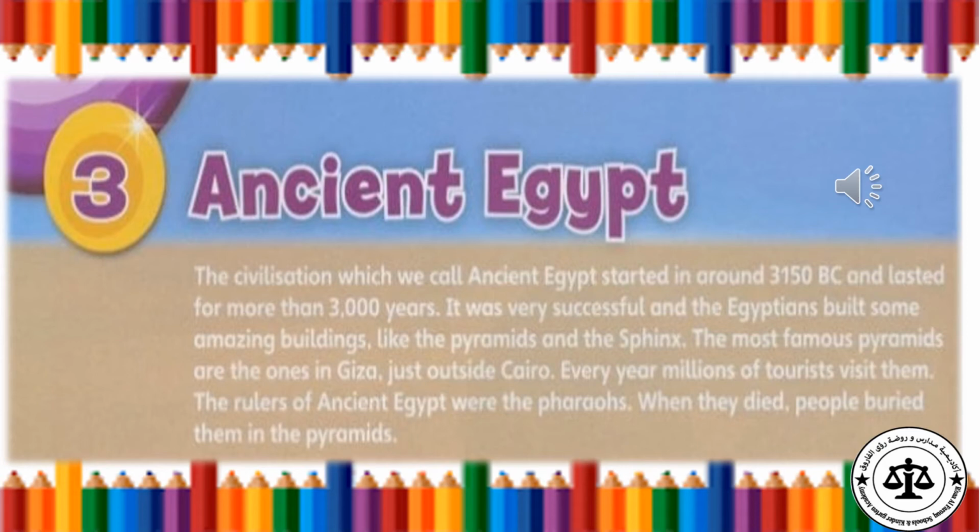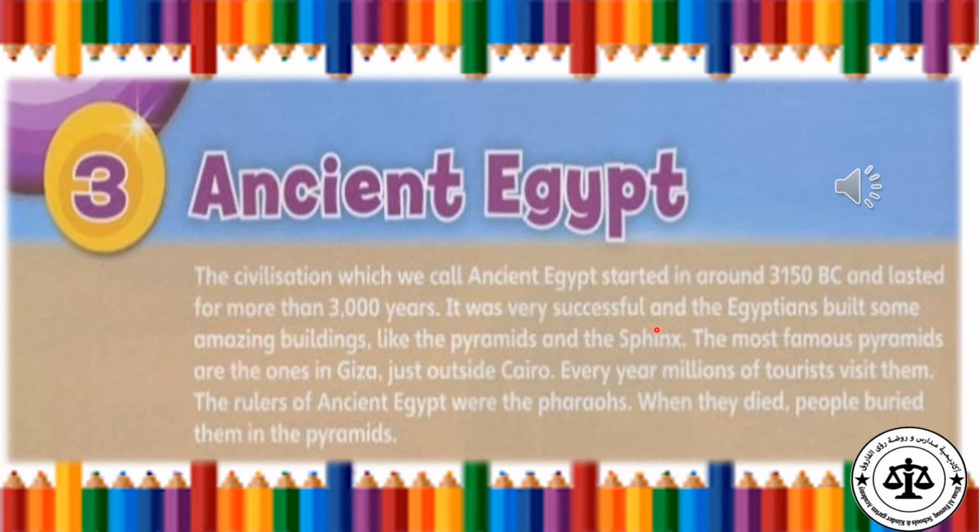Student's Book, page 34. 2. Read, listen, and complete the sentences. The civilization which we call ancient Egypt started in around 3150 BC and lasted for more than 3,000 years.